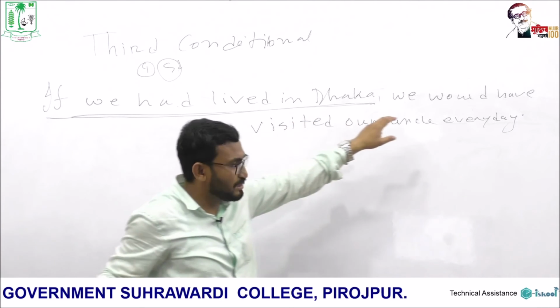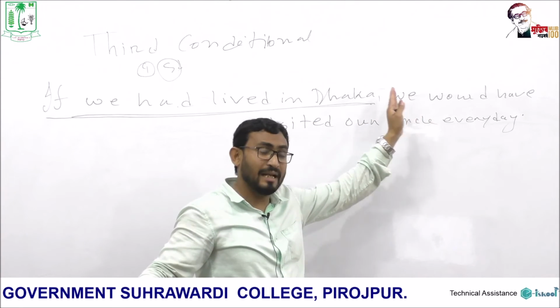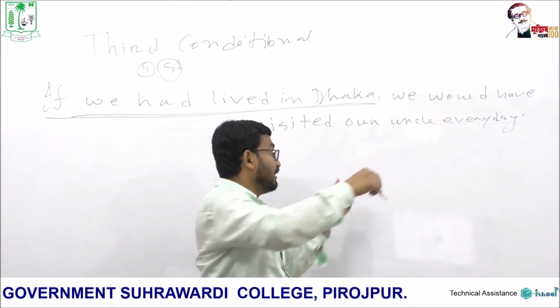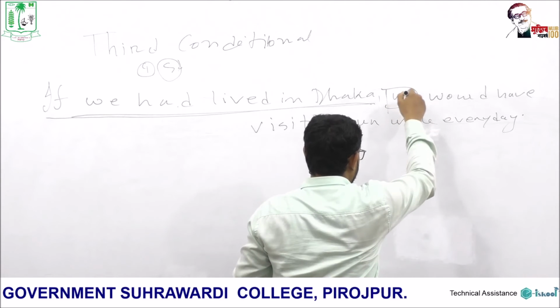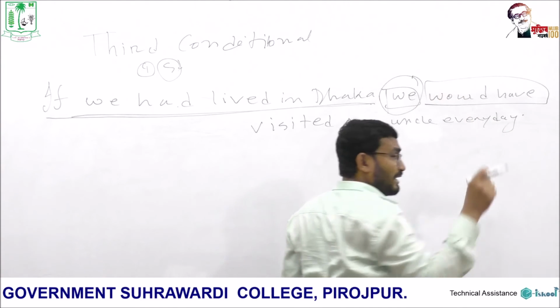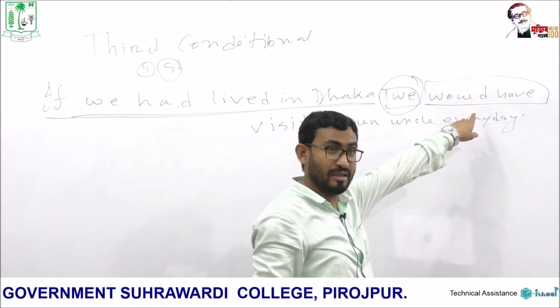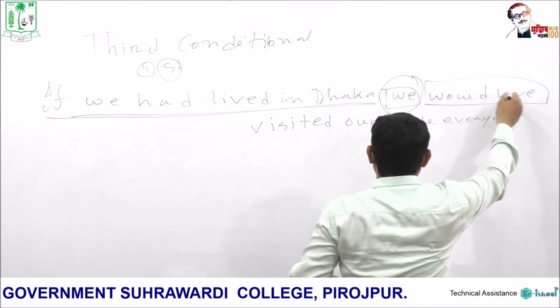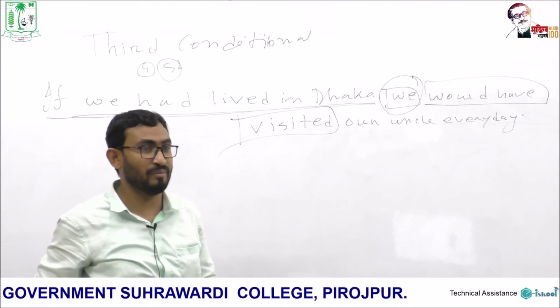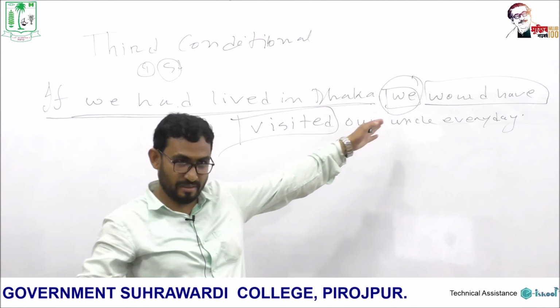But look at the principal clause. Again a different structure. Unlike the second conditional, this clause has been written using subject, then would have. Earlier in the second conditional there was would only, but here we have written would have. And here we see visited, the past participle form of the verb, then the object.